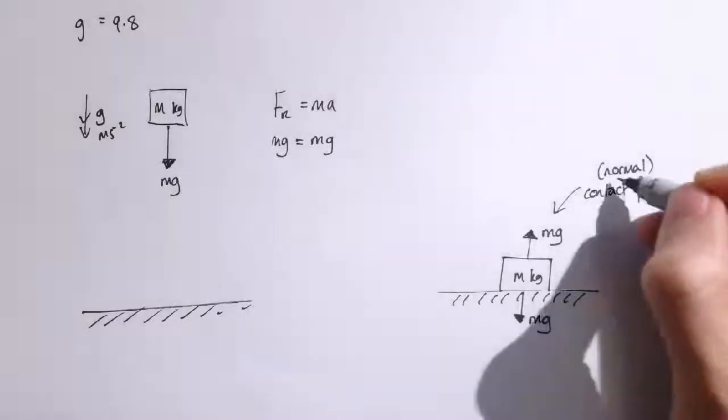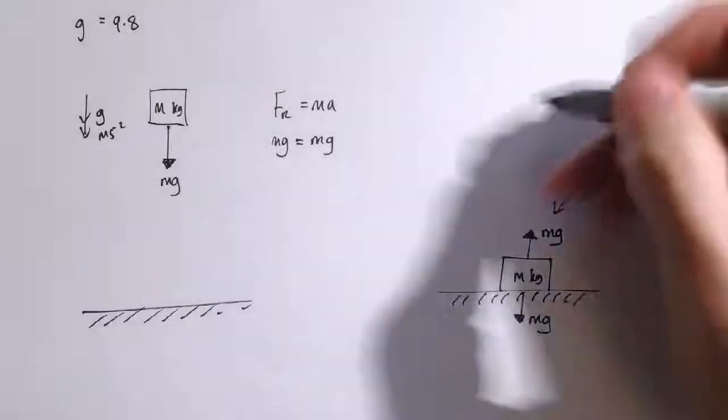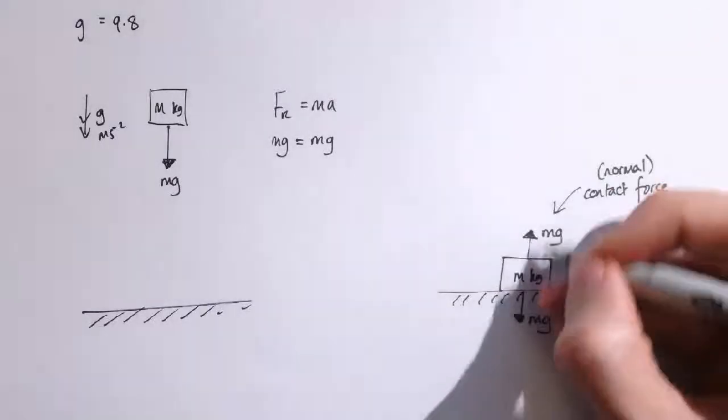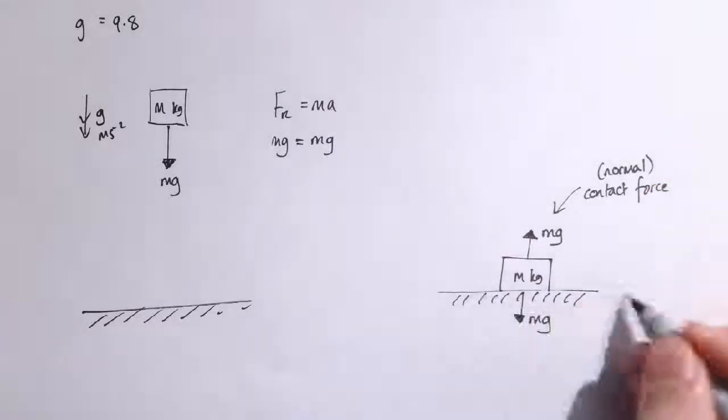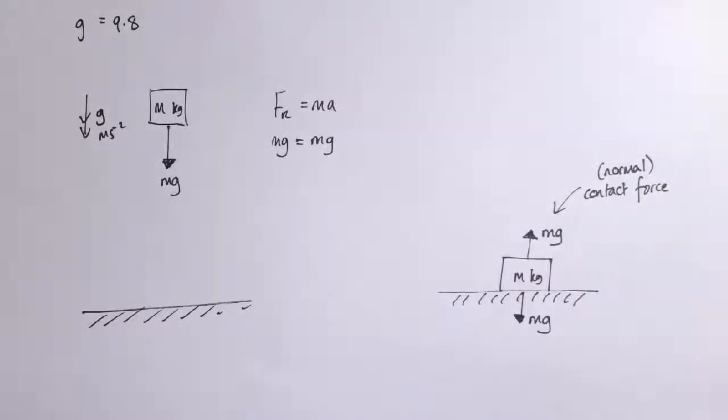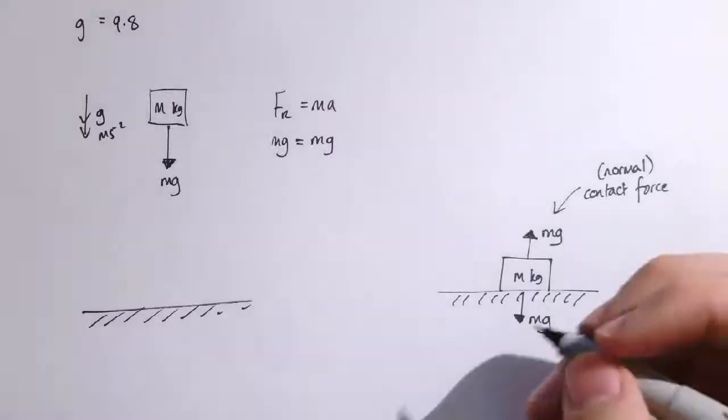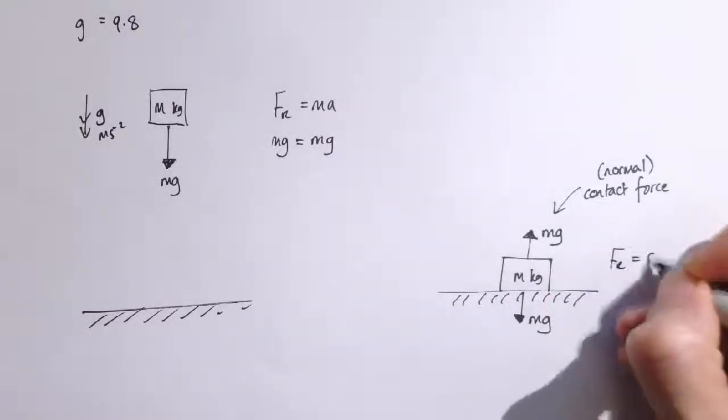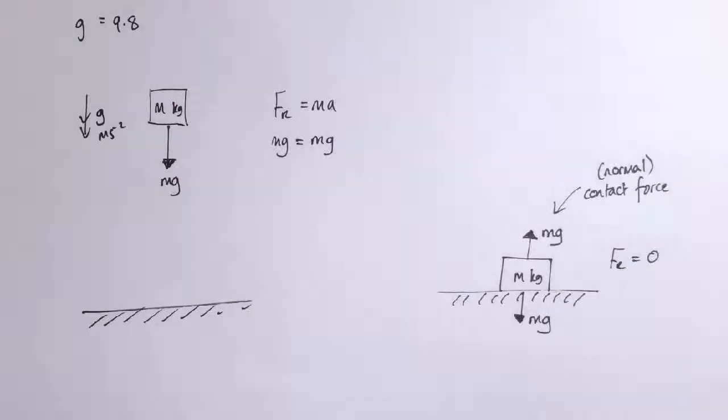So normal in math is another word for perpendicular or at right angles or 90 degrees, and this force here is normal to the level of the ground. And this gives us then that the resultant force in this particular situation is 0.